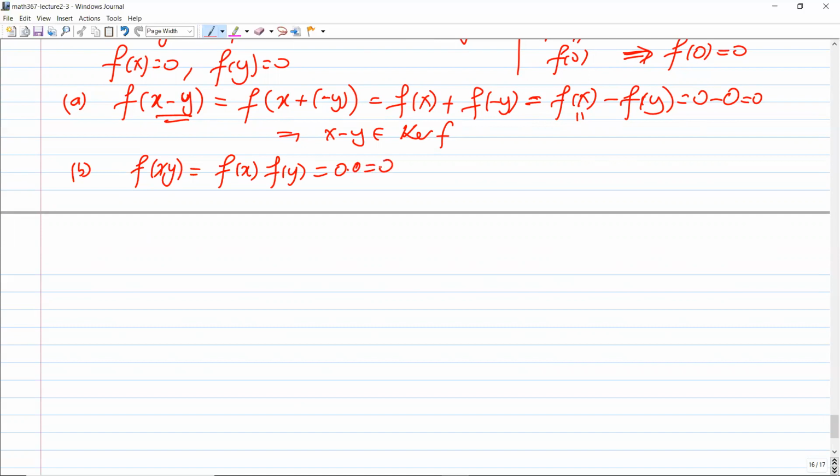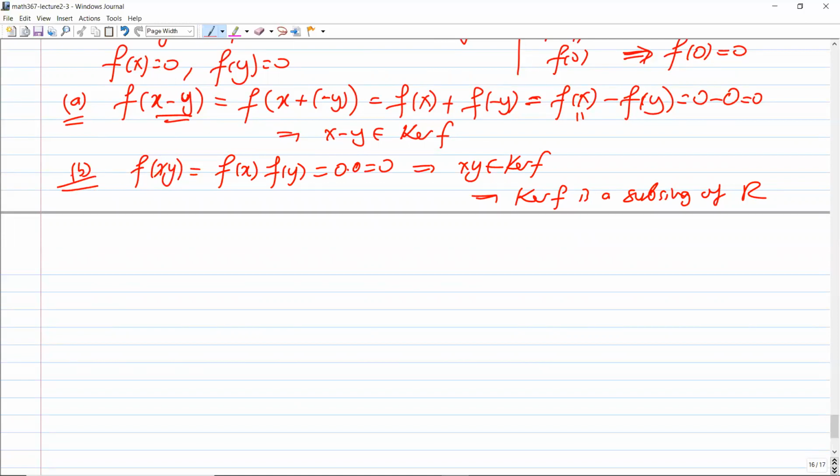And that's 0. 0 times 0 is 0. So that means x times y is also in the kernel of f. Therefore, the kernel of f is a subring of R, because these two conditions are satisfied.